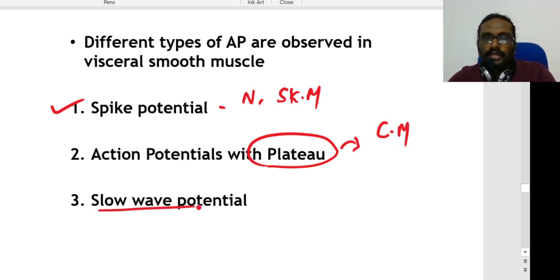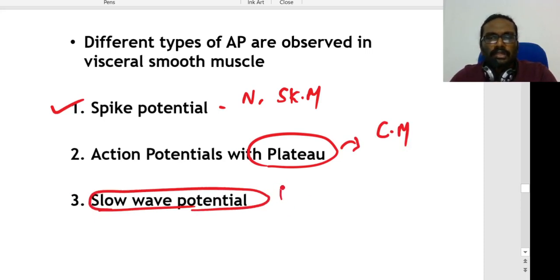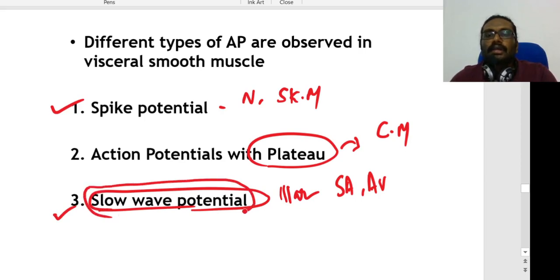And you'll also find slow wave potentials, which are almost similar to those found in pacemakers like the SA node and AV node. We had found these pre-potentials and pacemaker potentials. All these would be very similar to the slow wave potentials that are seen in some forms of smooth muscles. So basically we find all three forms of potentials in smooth muscles.